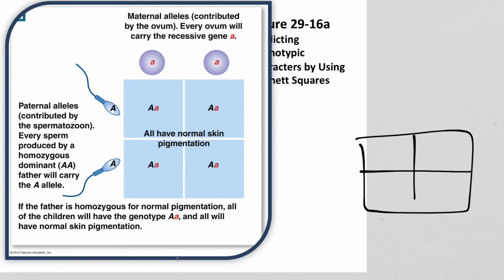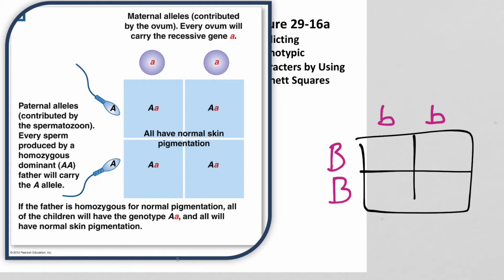Homo means same, and brown is big B, and papa goes down the side. Mother goes across the top. Blue-eyed is homozygous recessive, obviously, so little b, little b.